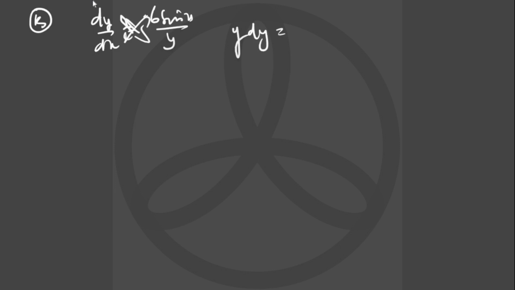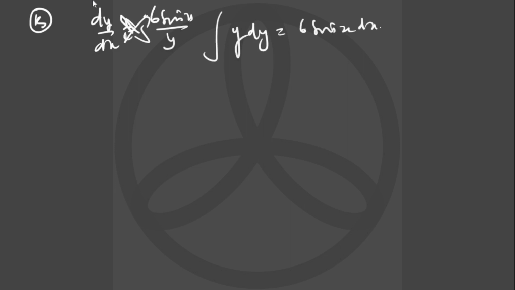So we come to question number K, dy/dx is equal to 6 sin x over y. Again cross multiplying like this, we get y dy is equal to 6 sin x dx.